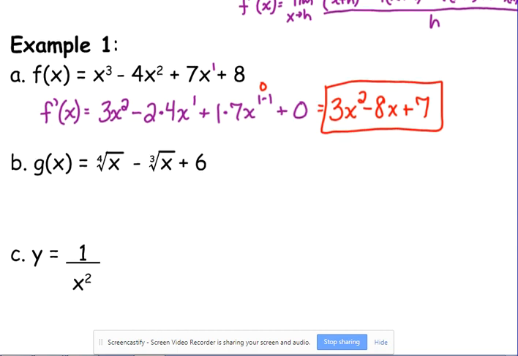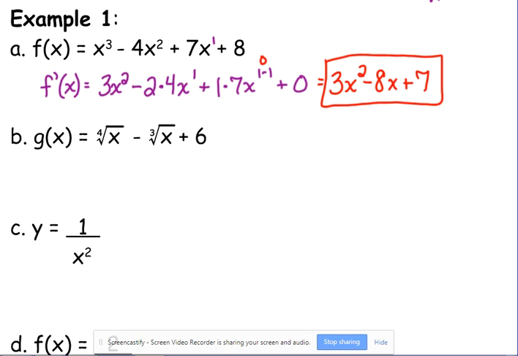Okay, let's look at example B. g of x is equal to the fourth root of x minus the cube root of x plus 6. Well, you may say, there aren't any exponents there. Don't forget, we can rewrite radical expressions as rational exponents.